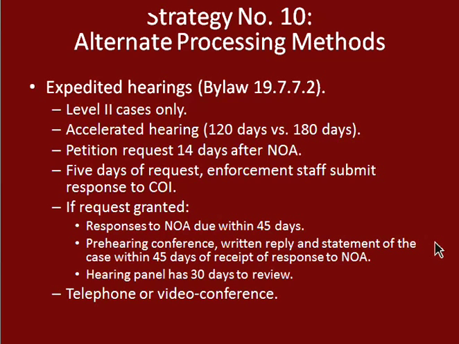And then if the request is granted, you will have a hearing within 120 days, and the hearing panel has 30 days to review the information done through the expedited hearing. It is done by telephone or video conference. However, the hearing panel has the discretion to do an in-person hearing if it feels it is appropriate to process the case.